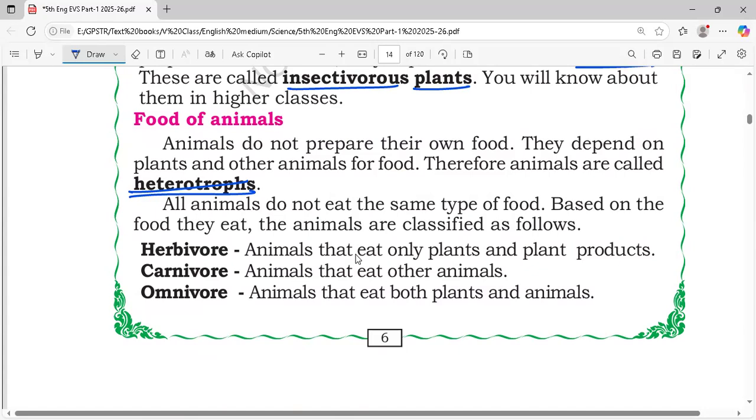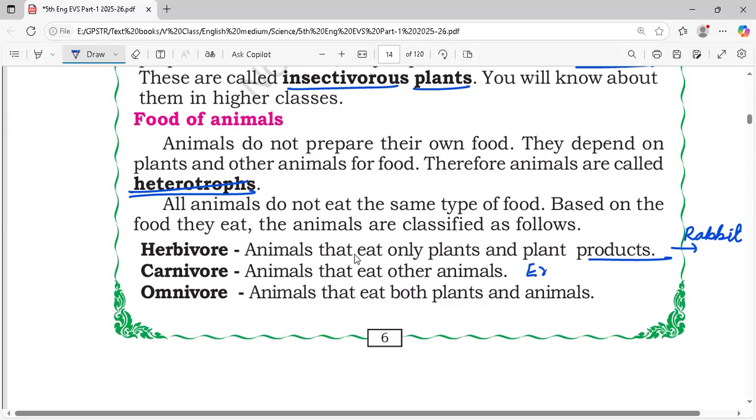Herbivorous means animals that eat only plant and plant products. These are called herbivorous. Example, rabbit. Rabbit eats carrot, therefore it is herbivorous. Carnivorous means animals that eat other animals. Animals that eat flesh, other animals are called carnivorous.